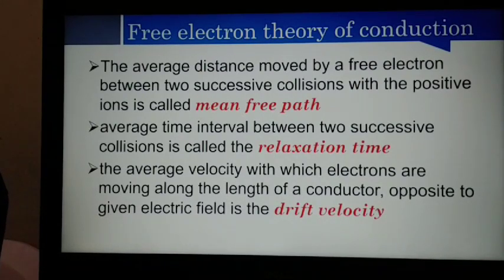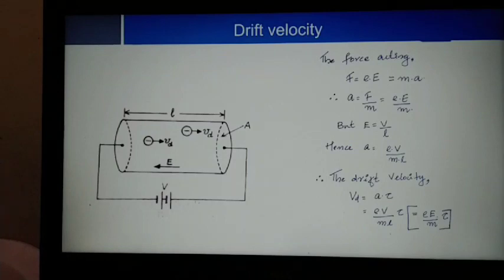Since the velocity changes during the collisions, we take the average velocity. So eV by ml into tau, or eE by m into tau, that is the drift velocity.